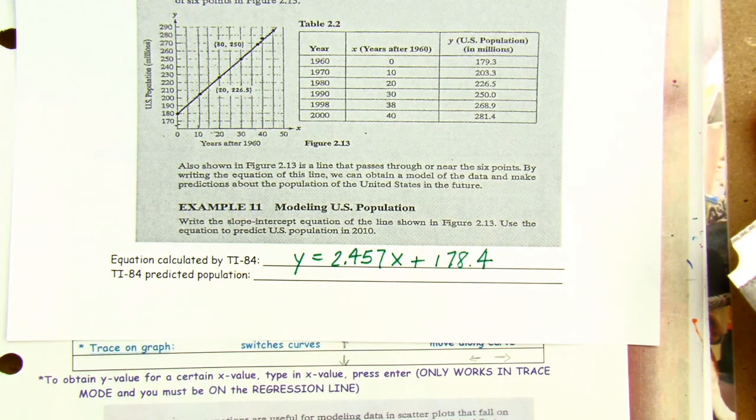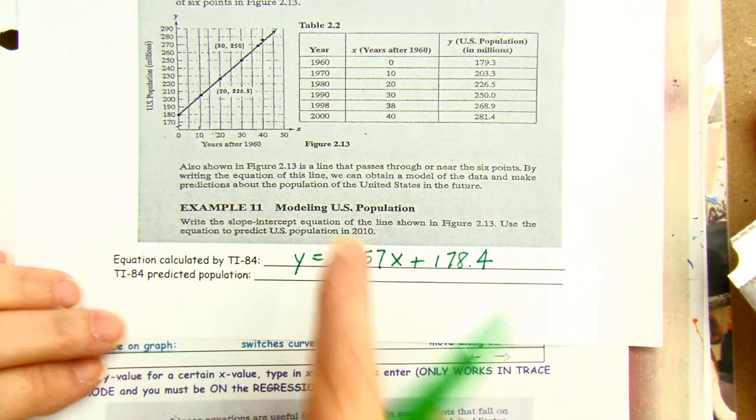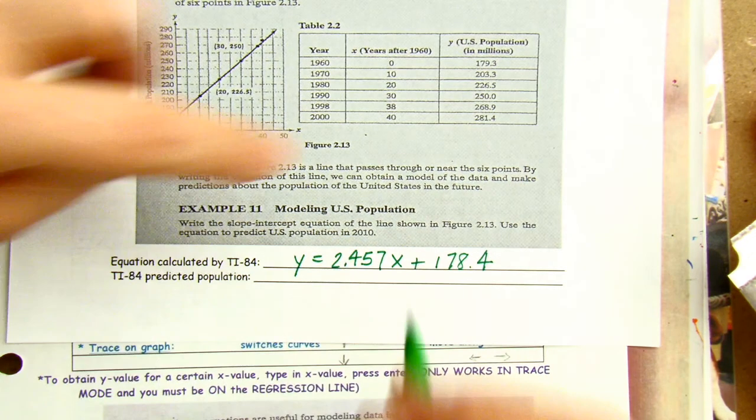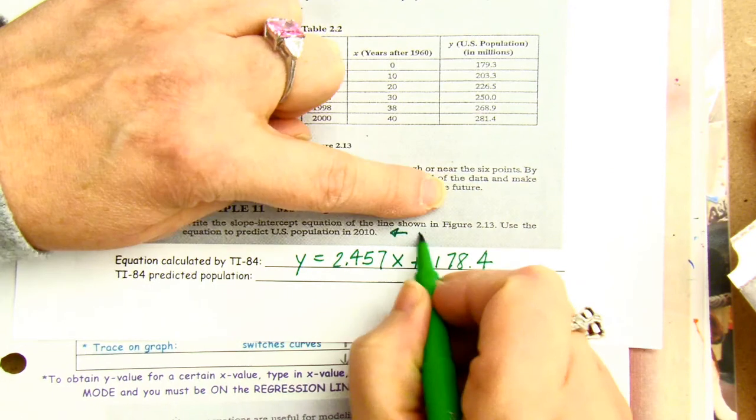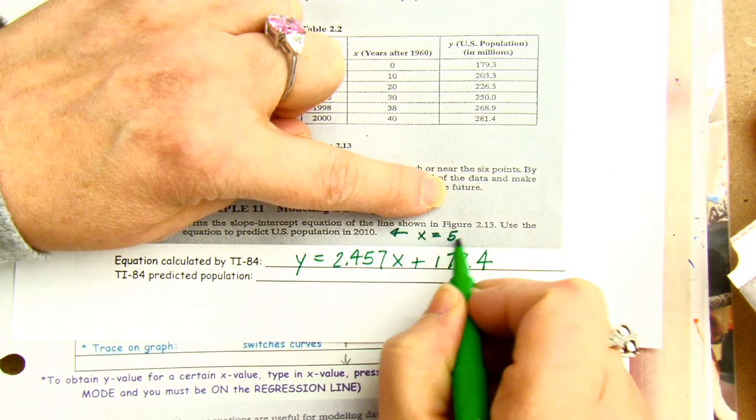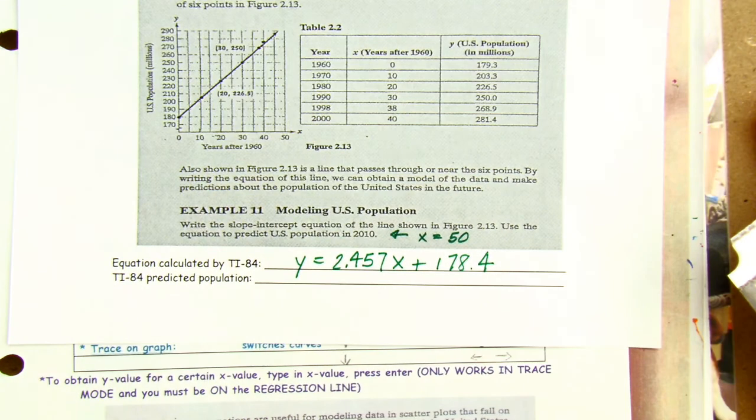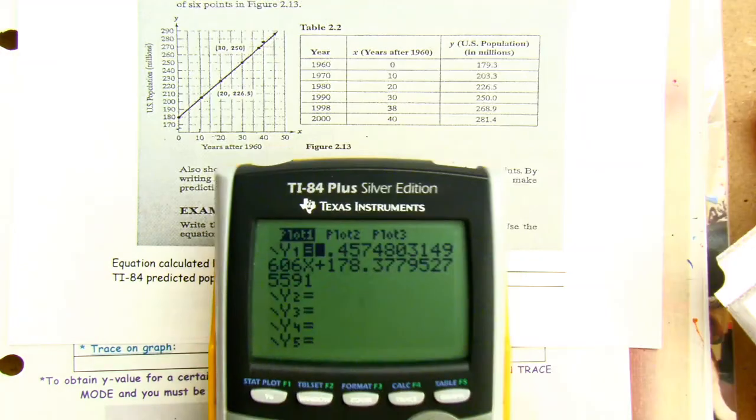And now we're going to answer the same question. Use the equation to predict the population in the year 2010. Remember, this had an x value of 50. Now, I don't want to have to type this in.